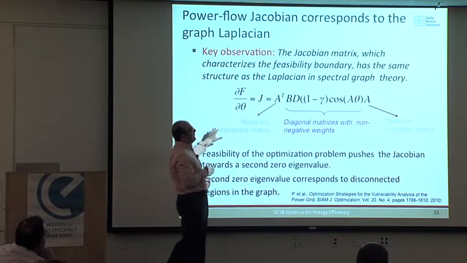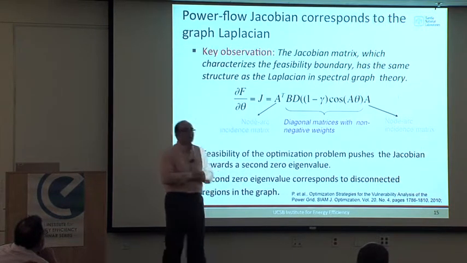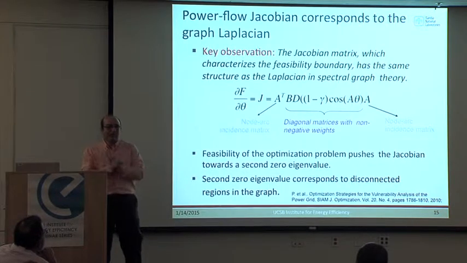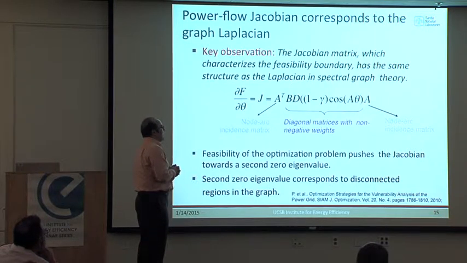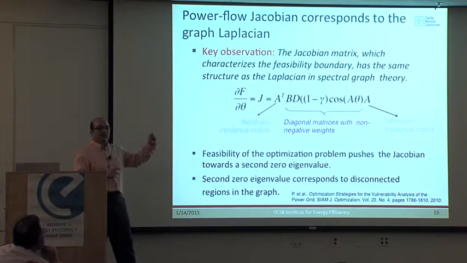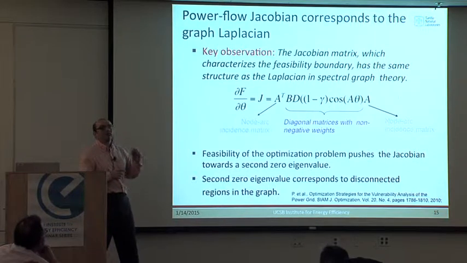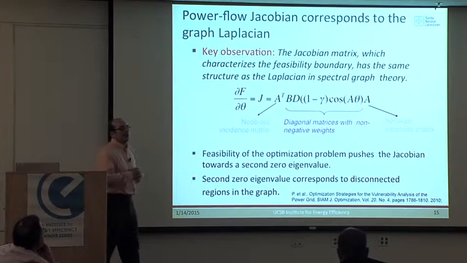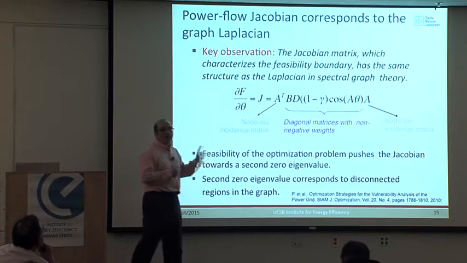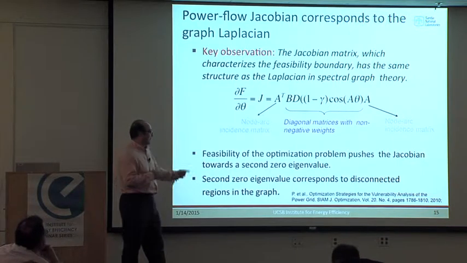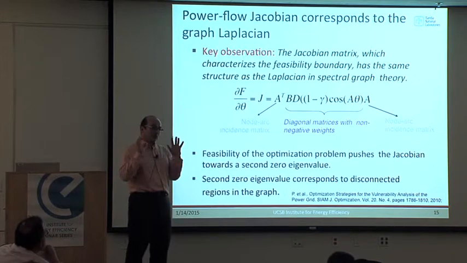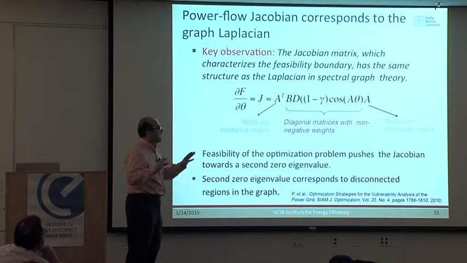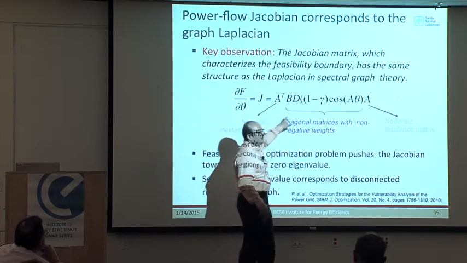So once I have this correspondence, I know that, I will not get into the details here, but I will try to explain everything at an intuitive level. On the boundary of feasibility, the power flow Jacobian will have its second eigenvalue 0. It's the second 0 eigenvalue. And that's possible if and only if, I'm going to the Laplacian now, your underlying graph has two disconnected components.